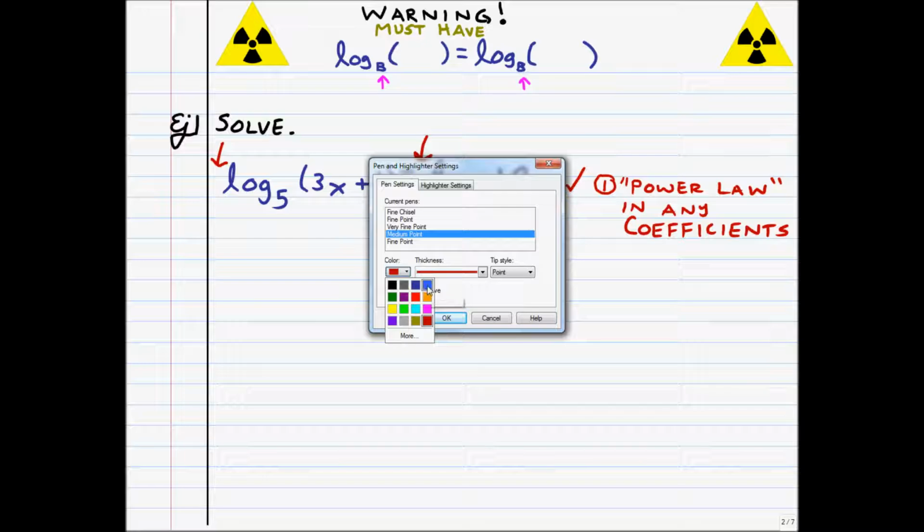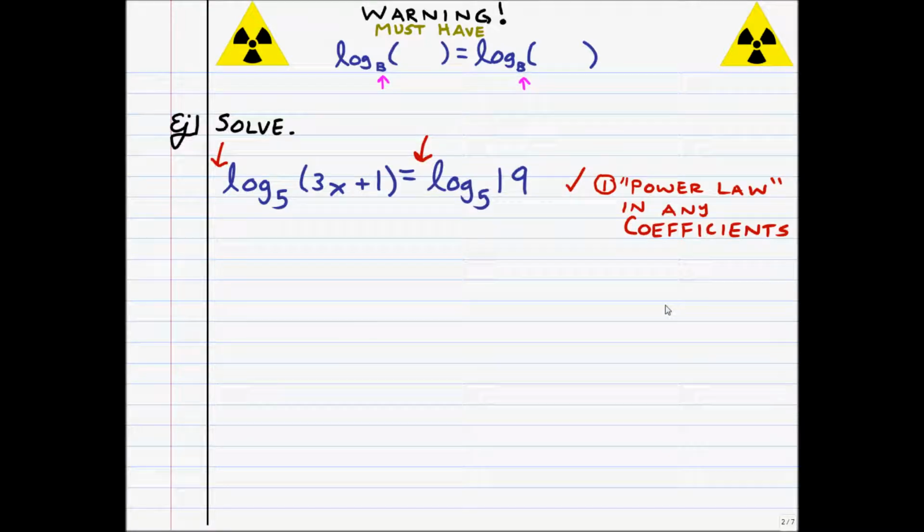The second step, again, something that we may not have to do in this situation. Our second step is going to be condense, so that our equation just looks like log base b of stuff equals log base b of stuff.